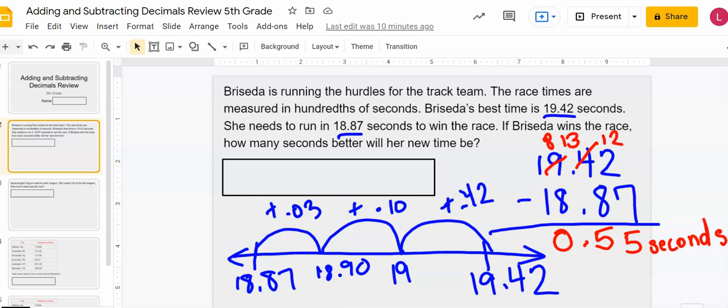So that's another way I could have thought about it. So my answer is 55 hundredths seconds. Great job on that one.